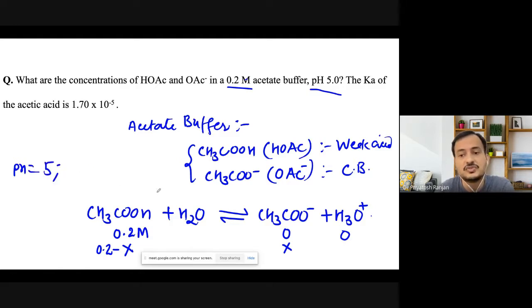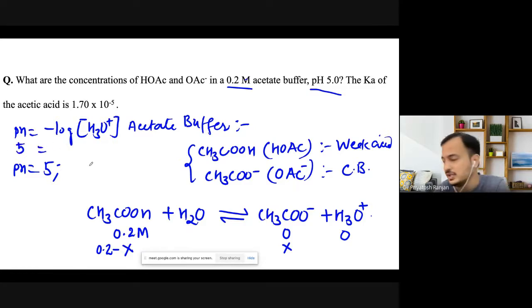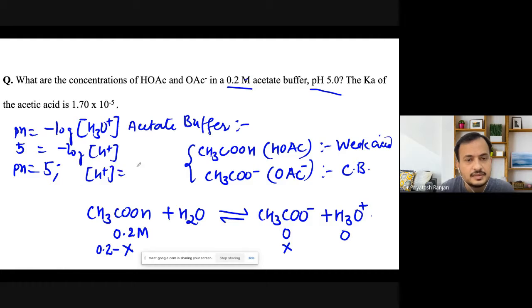What is the concentration of hydronium ion going to be? We all know that pH is equal to negative log of hydronium ion concentration. So if 5 is given, I can take the anti-log value, and if we solve it with the help of the calculator, we are going to get the concentration of hydronium ion equal to 1 into 10 raised to the power of minus 5 molar.